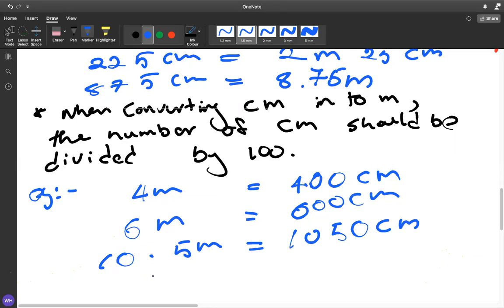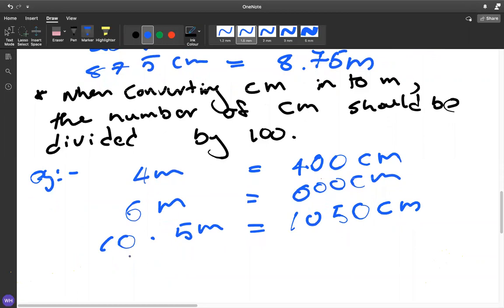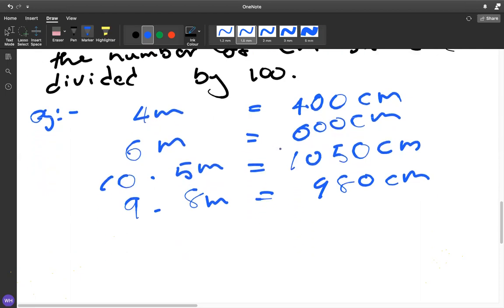Right now, Punsara, tell me, if you have 9.8 meters, what is the number of centimeters you have? It is 980 centimeters. Correct.